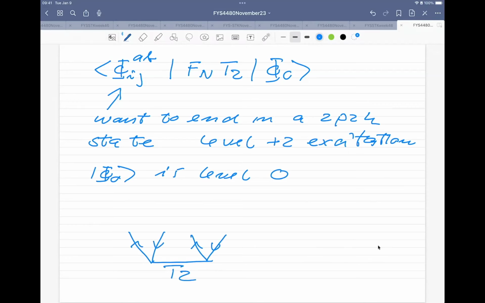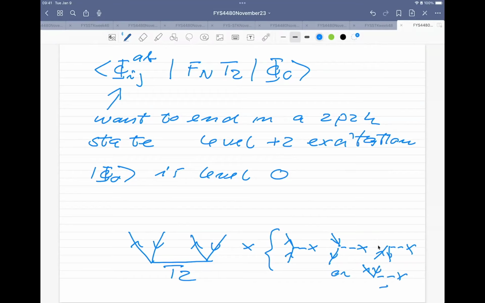And then I need to match this one with one of the F_N operators. So this has to be multiplied with one of these guys. I can have this one, or I can have this one, or I can have this guy, or this guy.